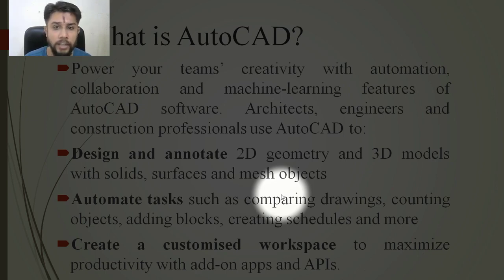With this tool, you can design and annotate 2D geometry and 3D models with solids, surface and mesh objects. Automated tasks such as comparing drawings, counting objects, adding blocks, creating schedules and more can be easily done. You can customize your workspace and maximize your productivity with the APIs available in this tool.